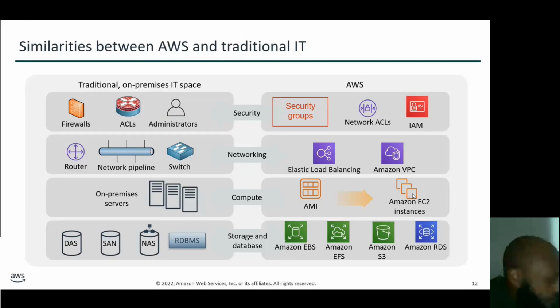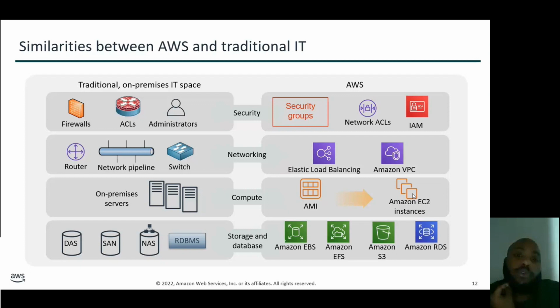EBS is not a platform as a service. EBS stands for Elastic Block Storage.